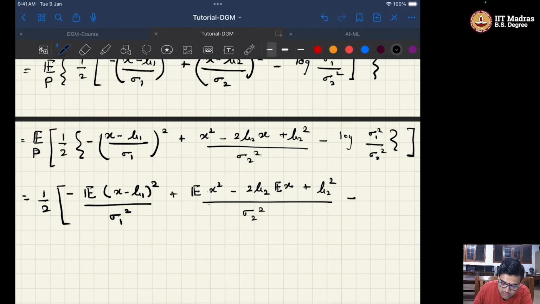And this is a constant, so log of sigma 1 square by sigma 2 square will be as it is.